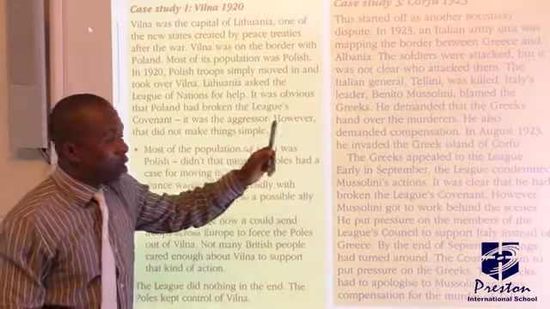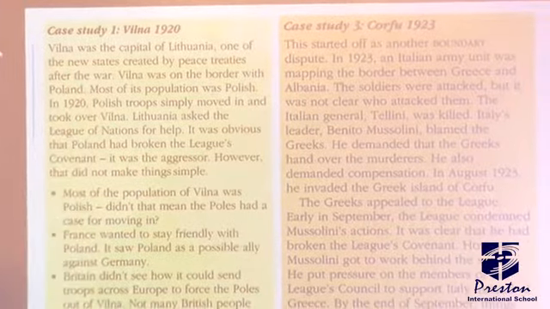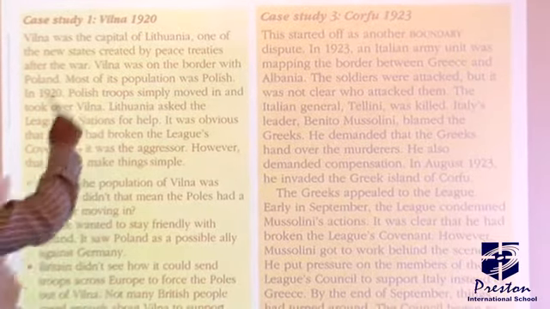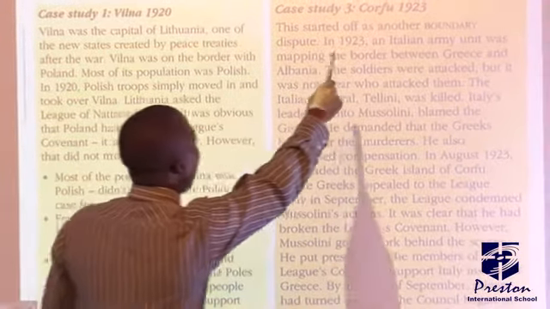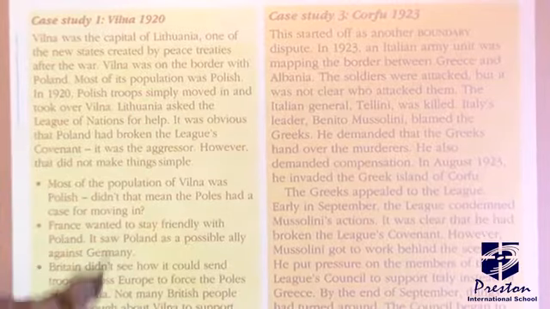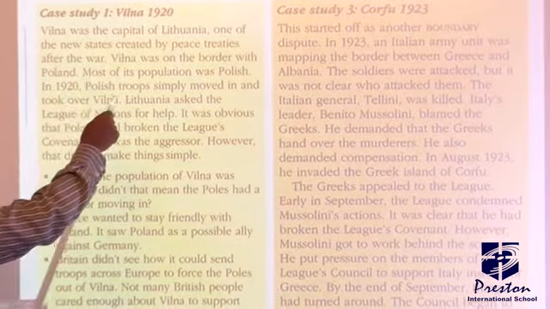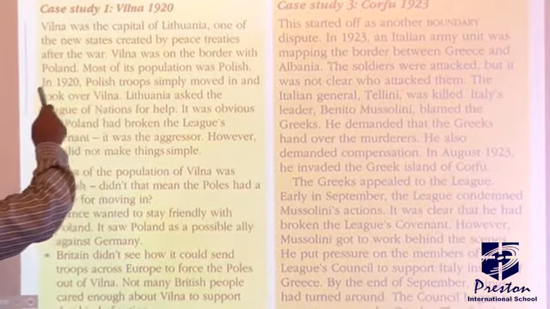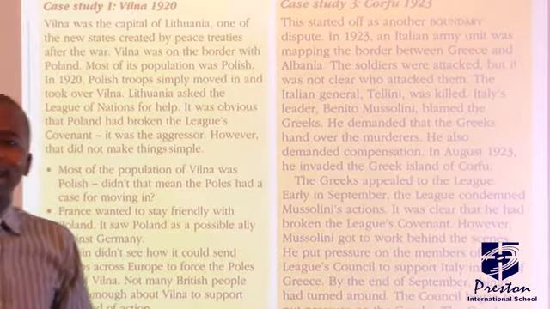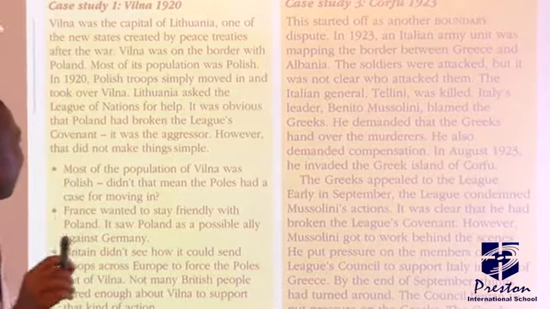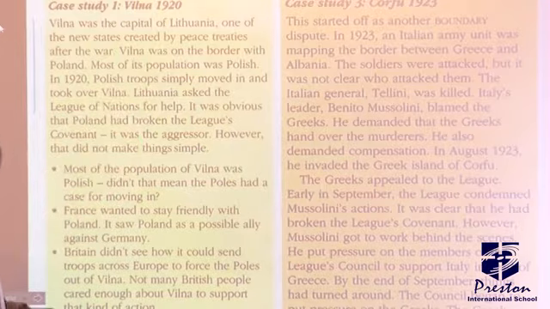Now, there are two failures of the League of Nations. The first one had to do with the test in 1920, when Vilna, the capital of Lithuania, one of the new states created by the peace treaty after the war, was at issue.